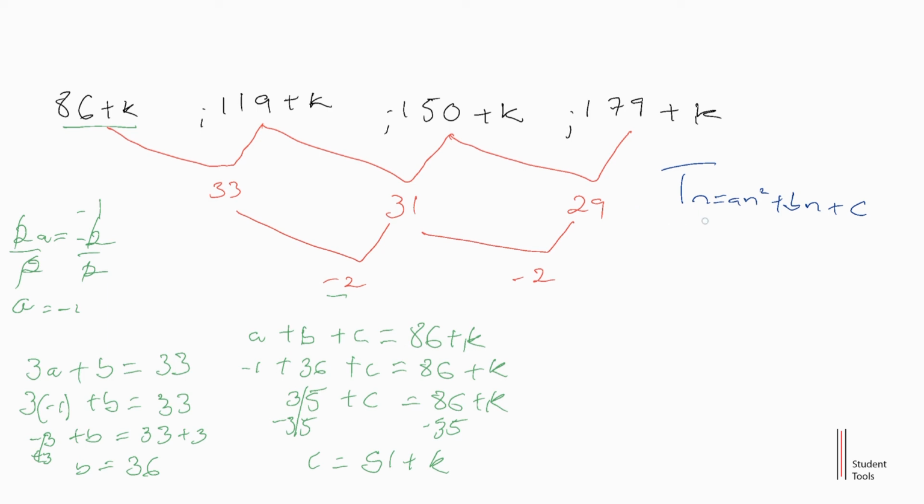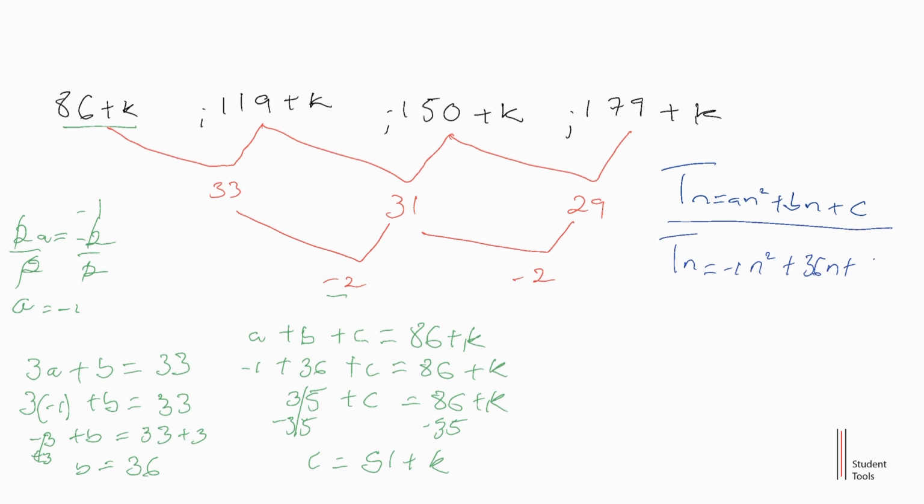And then we go back to our main formula, which is Tn is equal to an squared plus bn plus c. So now we will take the value of a and b and c and substitute into our formula. So it's Tn equal to a is equal to negative 1, n squared, which is the variable, plus b is 36, so 36 n, plus c is 51 plus k.